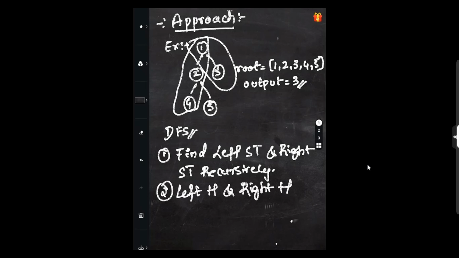If we consider this one, this one is 1 left height, this one is 2, and here it is only 1. So in this case, the output that they have mentioned is 3. This is left height plus right height.